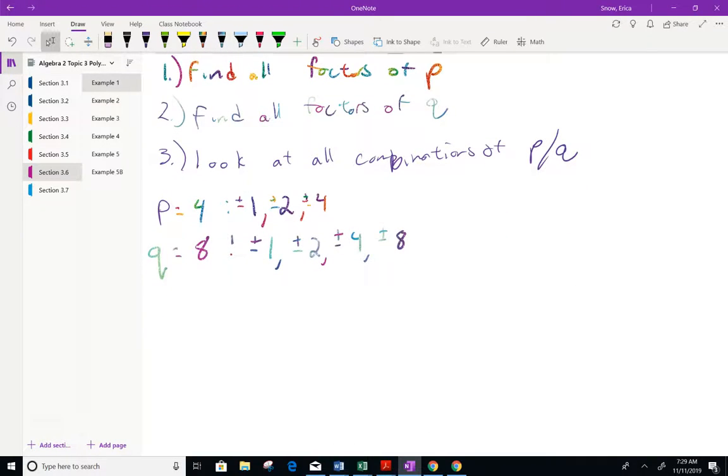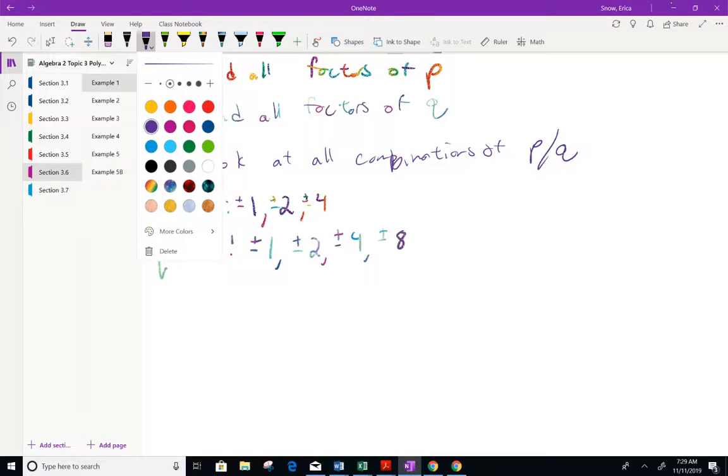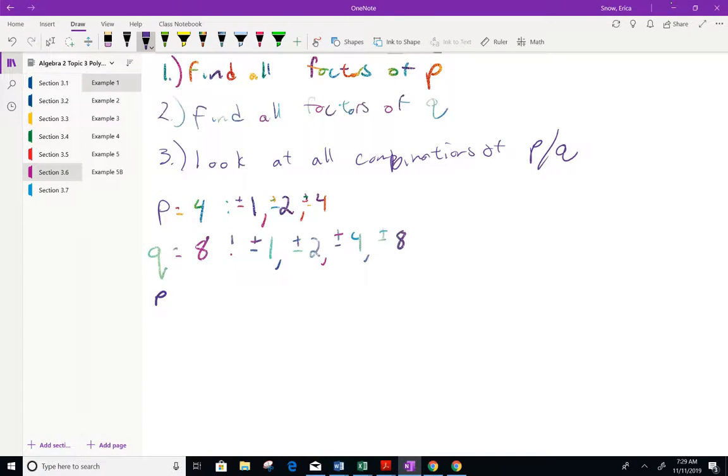So then our last step is to take all of our p's over all of our q's. And so to do that, we're going to take 1 and put it over each one of those. So 1 over 1 is 1. 1 over 2 is 1/2. 1 over 4 is 1/4, and 1 over 8 is 1/8.